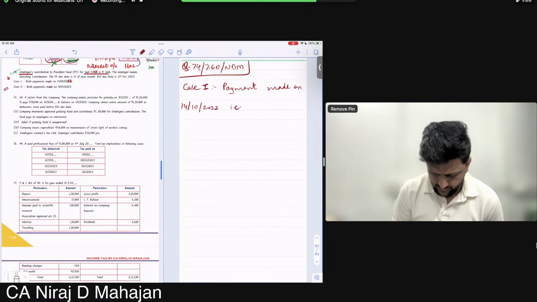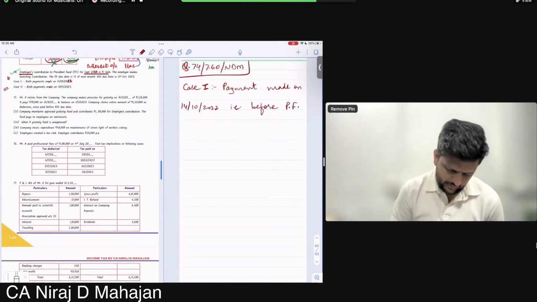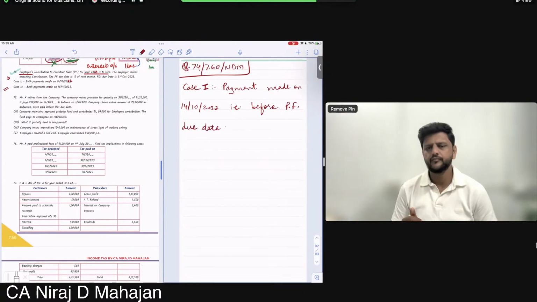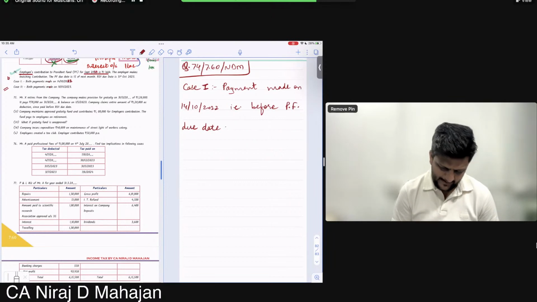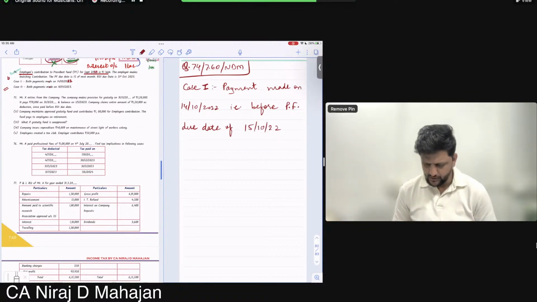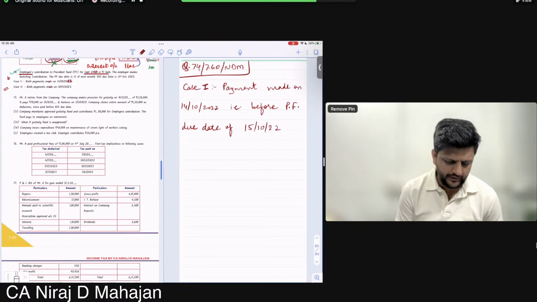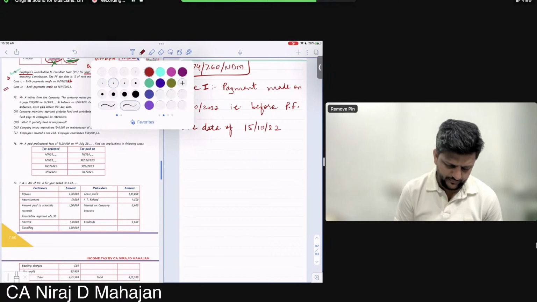That is before the PF due date. The PF due date was 15th October.